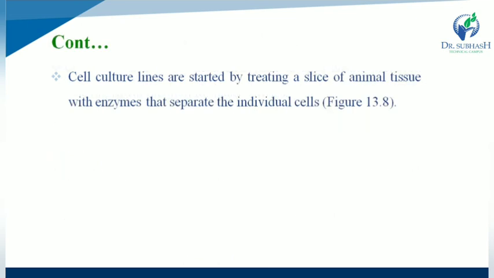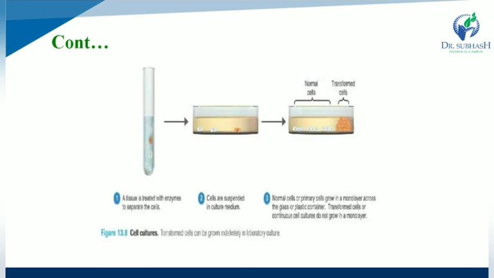Cell culture lines are started by treating a slice of animal tissue with enzymes that separate the individual cells. Transformed cells can be grown in laboratory culture.